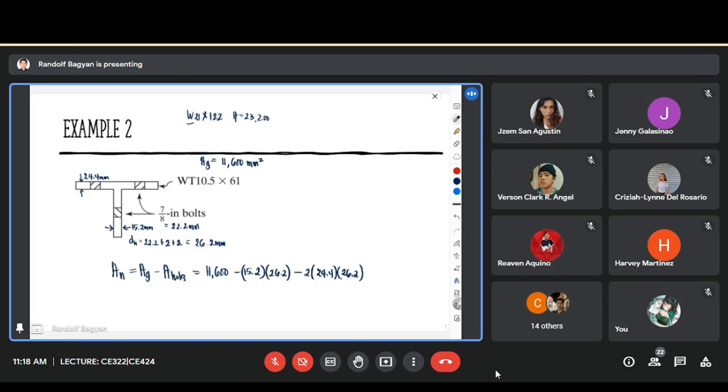Okay, so please give me the value of the net area. So, importante yan, no? Dapat marunong kayo mag-compute ng net area natin para masolve natin yung mga susunod na hakbang.